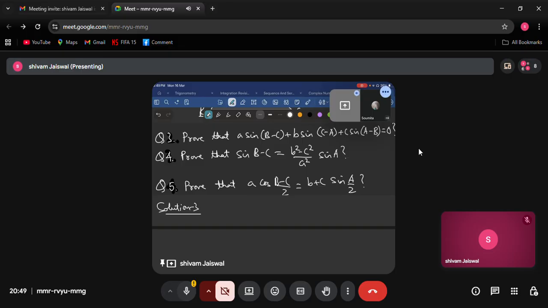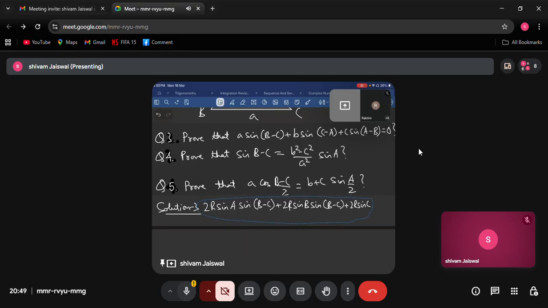Pay attention. A into sine of B minus C. So can I say A equal to 2R sine A? So I can write it as 2R sine A into sine of B minus C plus 2R sine B into sine of C minus A plus 2R sine C into sine of A minus B. Right, Raktim?